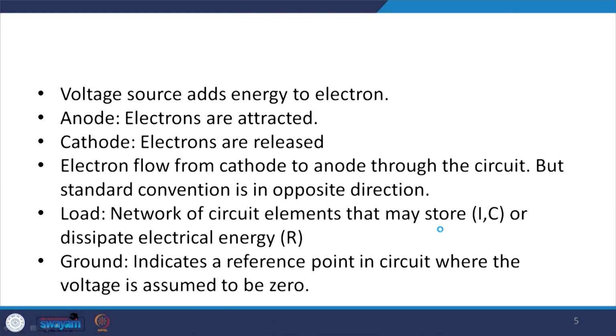There are two energy storing elements, which we call the inductor and the capacitor, and the dissipative element in an electrical circuit is the resistor. And the ground indicates a reference point in a circuit where voltage is assumed to be 0. So, it is basically a reference.